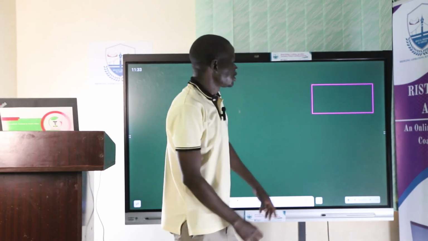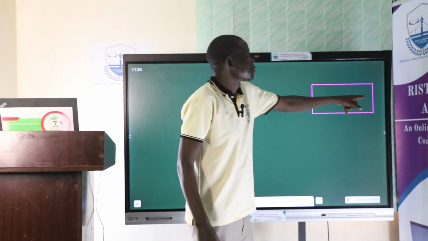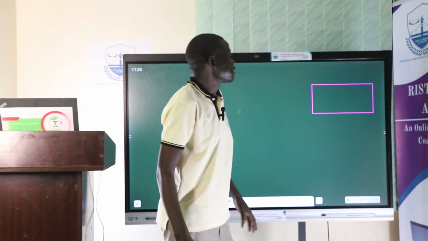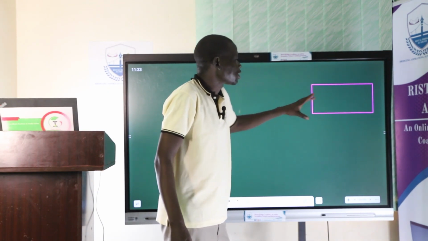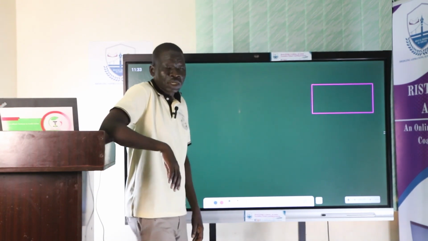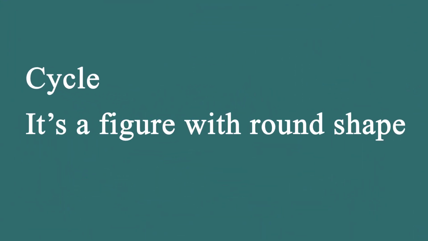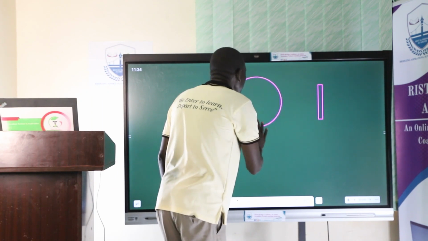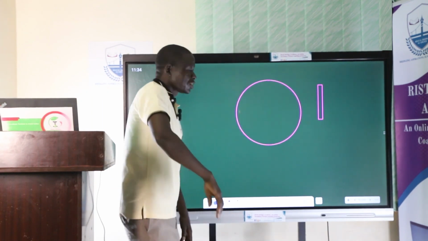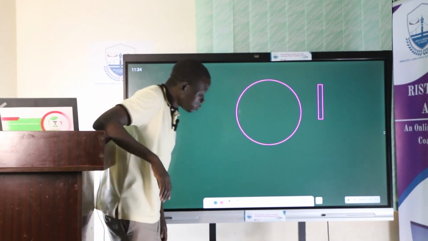You can see that this side is equal to this side, and this side is equal to this side. So you can see that they are parallel, therefore they are equal. When we talk about a circle, the circle is roundly shaped. So the circle simply looks like this. That's how it looks, roundly shaped.